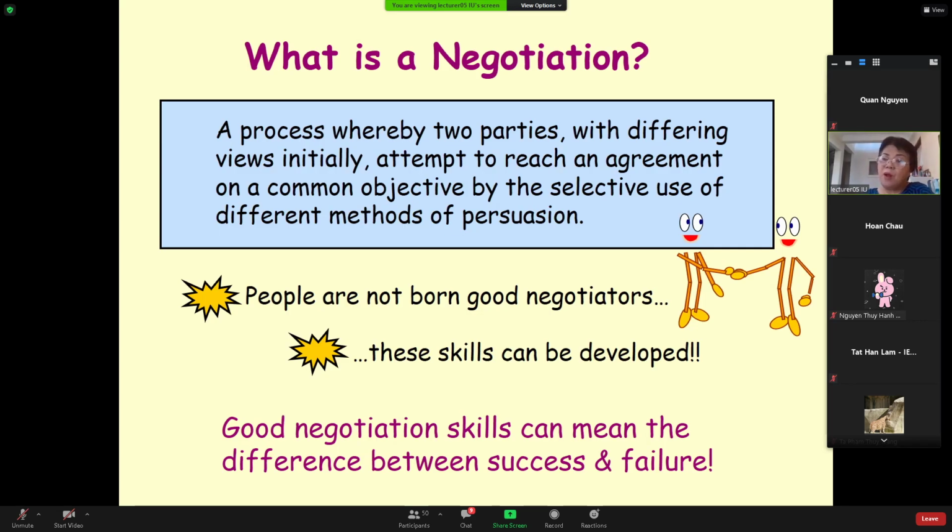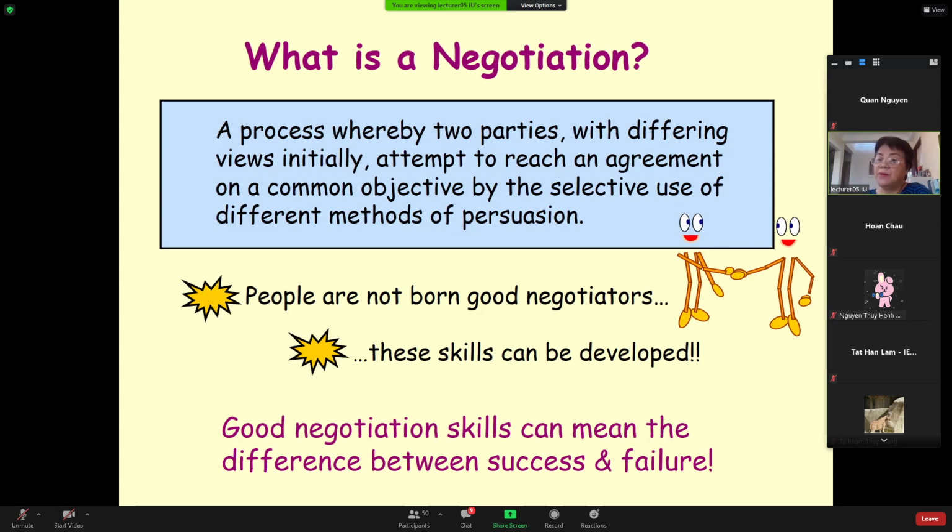And people are not born good negotiators. I told you, negotiation is in everything we do. However, people are born as not good negotiators. In order to be a good negotiator, you have to learn. And the topic today tells you how to be a good negotiator.